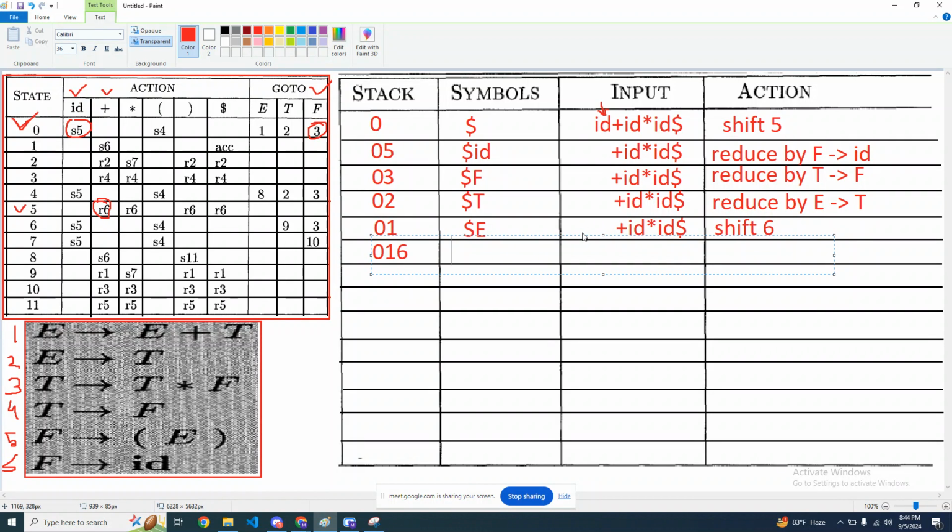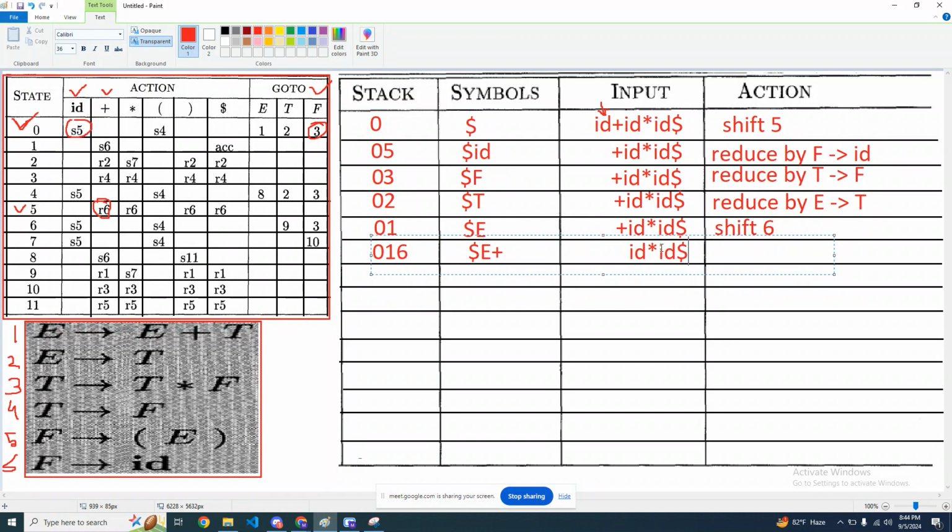Our symbols will also get a new shift, which is dollar E, then plus, right? Our input will now change because this plus is shifted here. Our input will become ID into ID dollar, right?